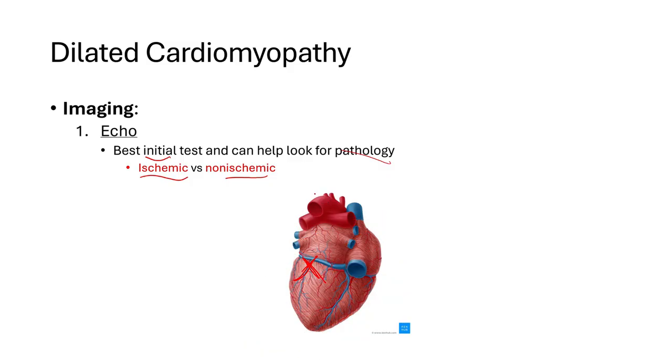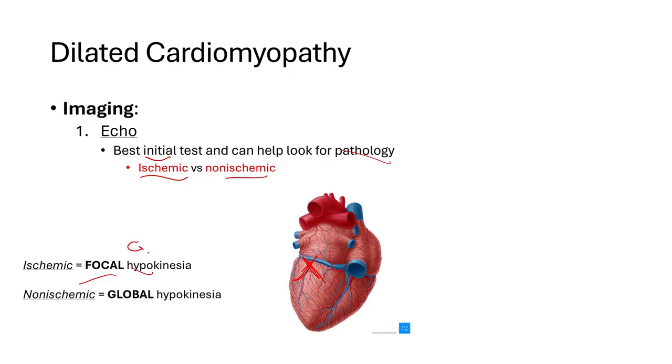So how am I going to know the difference of this on test day? Well, look for these key words. For ischemia, you see something known as focal hypokinesia. One area or a focus is going to be affected. Hypokinesia means decreased. You can also see akinesia, which means without contraction.